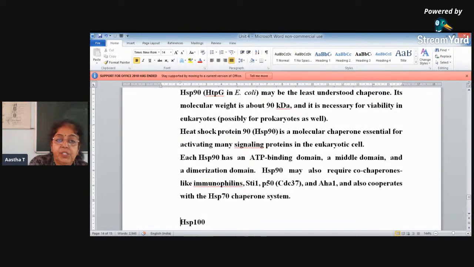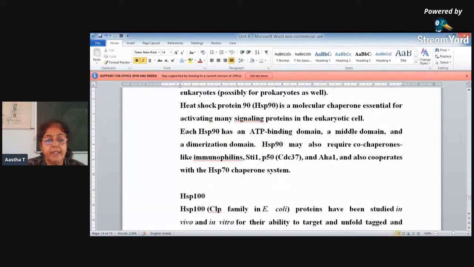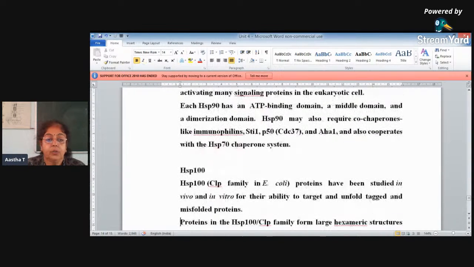So rather than working individually, it binds to certain other chaperones and then shows its action. Those co-chaperones are immunophilins, STI1, P50, CDC37 in case of E. coli, AHA1, and with the help of such chaperones it can show its action.